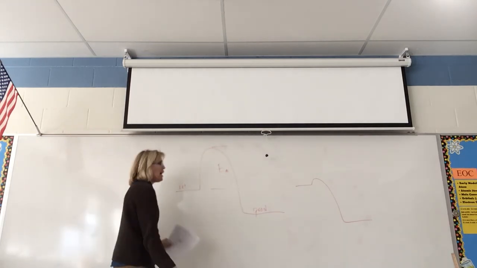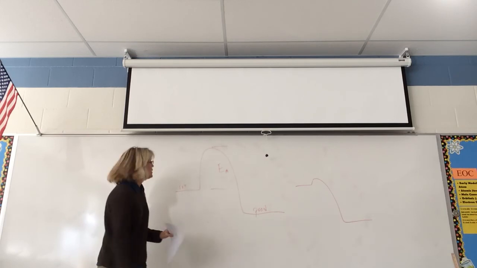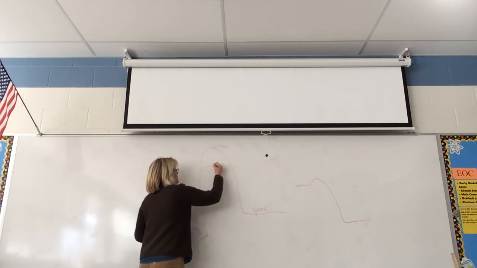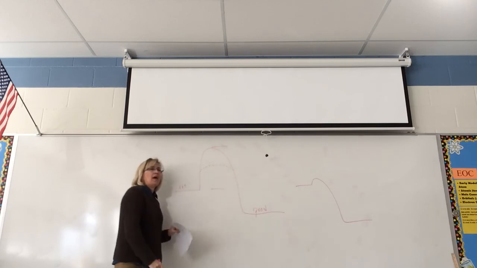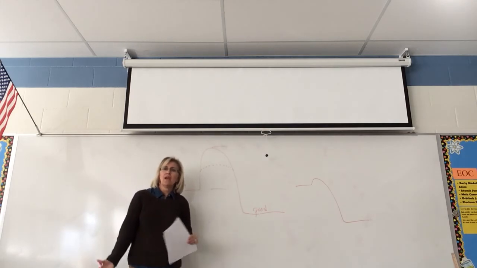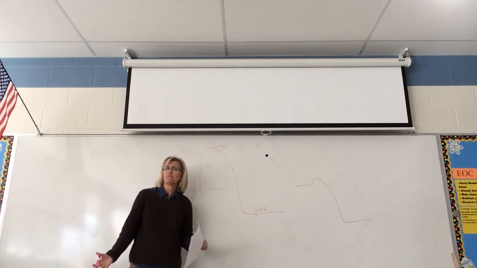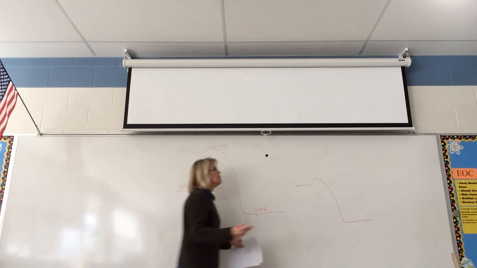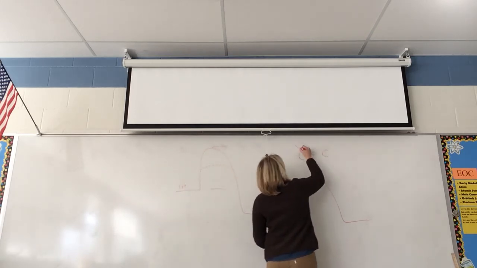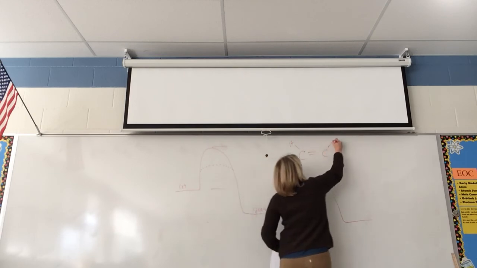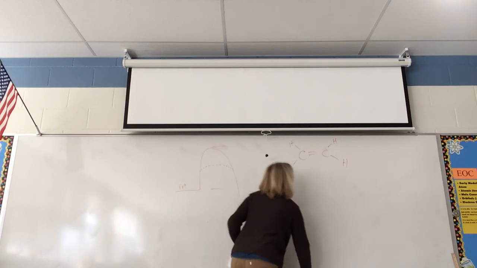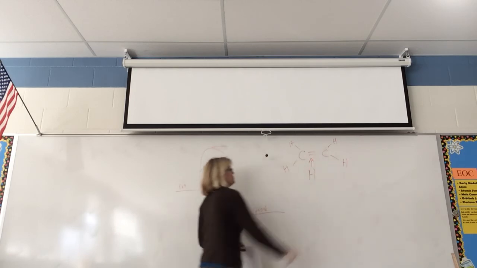Now, what will happen with the catalyst, and this is where you'll need to draw this in on your graph, is you put this dotted line and they create a more favorable environment for collisions. Either they affect the reactant, like, remember we had this and we said it was important that the hydrogen attack right here.